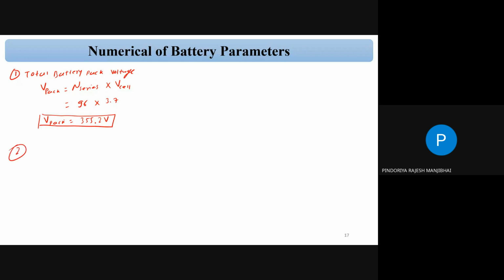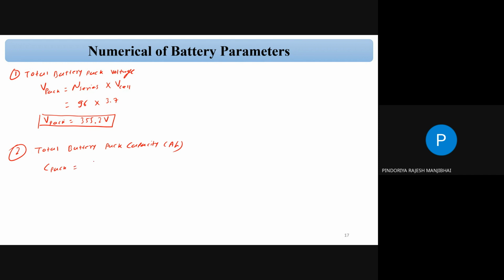Second parameter, we have to calculate the total battery peak capacity. What is the formula for this capacity?